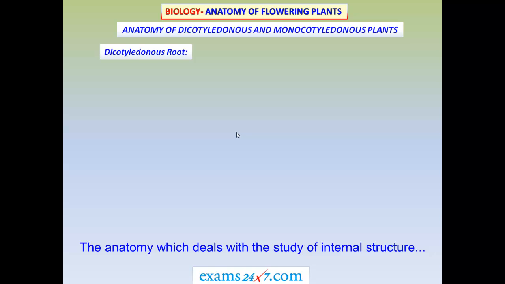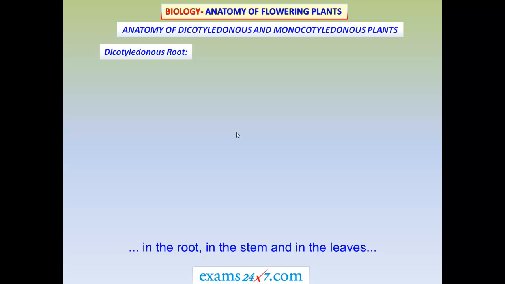The anatomy, which deals with the study of the internal structure in the root, in the stem and in the leaves, is variable. Let us now study how the anatomy of the root systems of dicots and monocots are organized, beginning with the dicot root system.